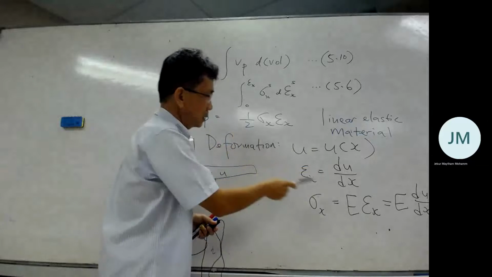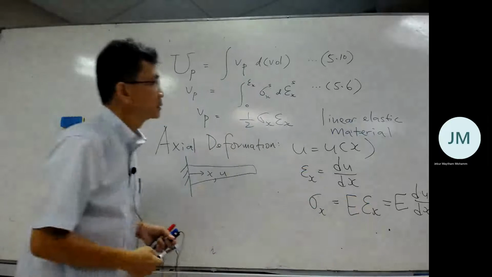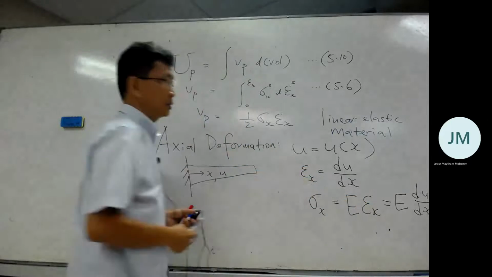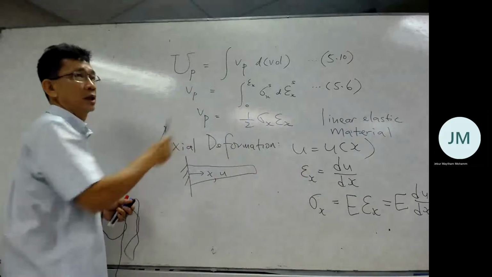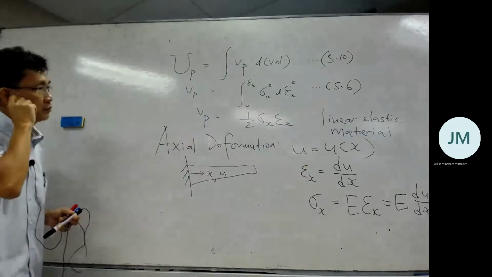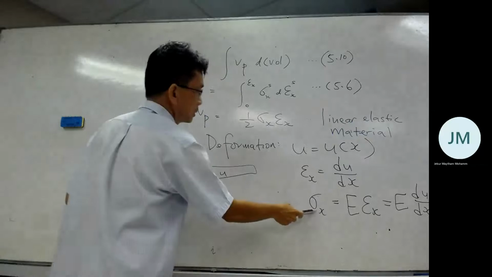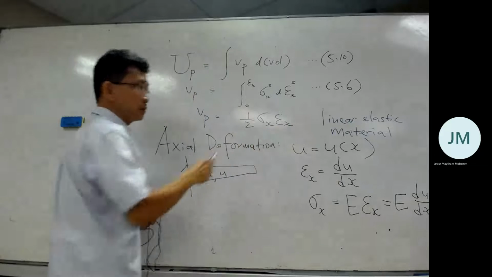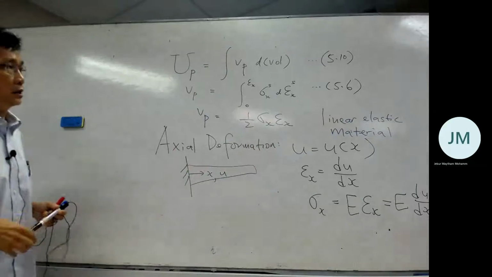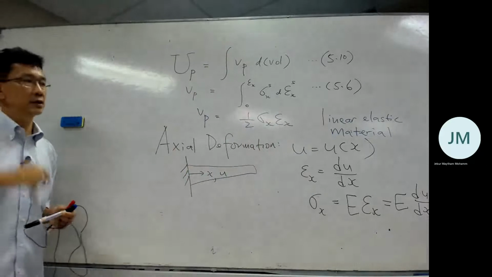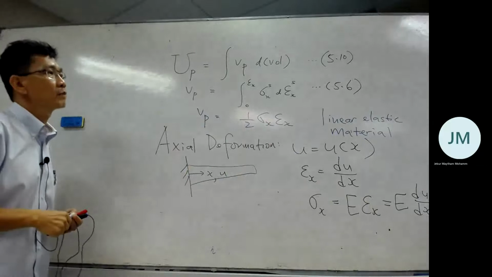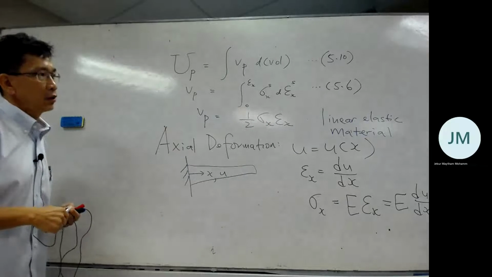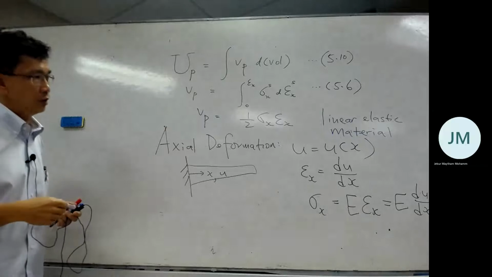Stress is given by these equations, and strain is given by these equations. So we substitute there. We want to express the strain energy with everything in terms of displacement. That is the process we want to go through.